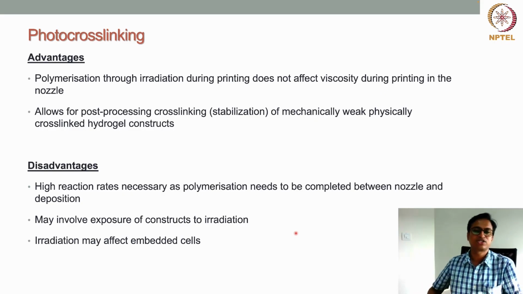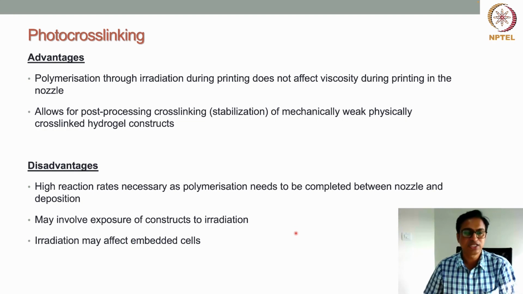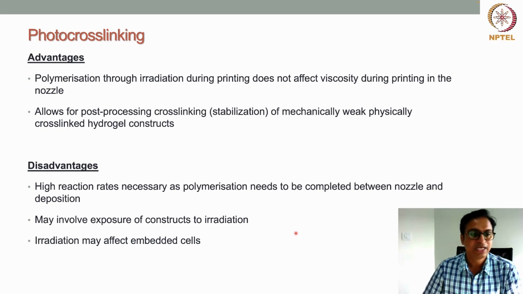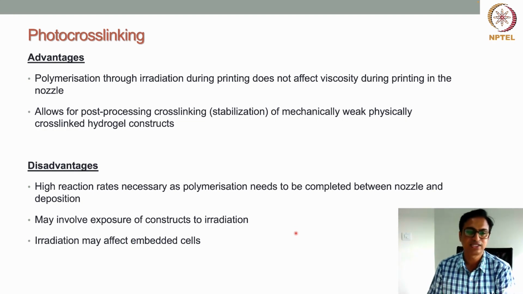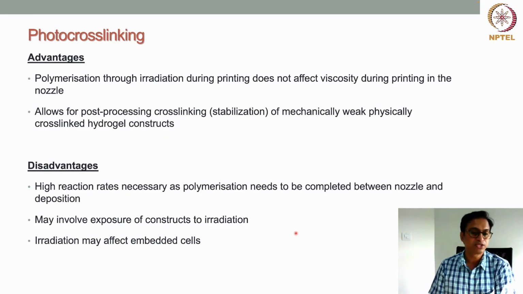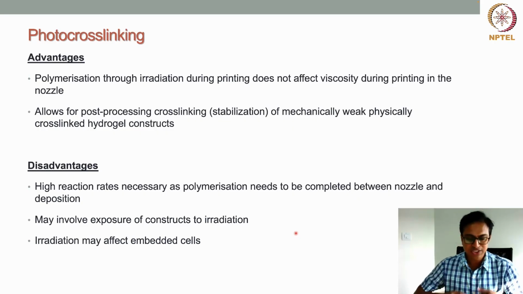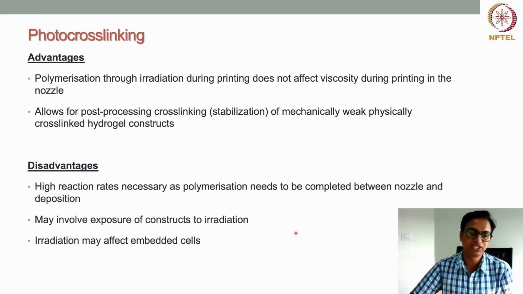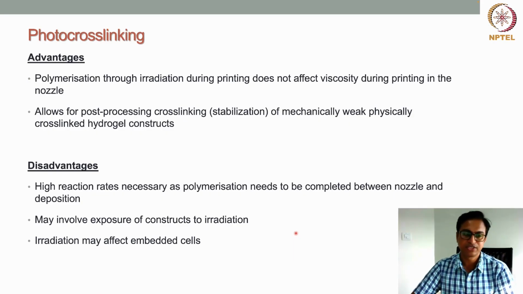Only then can the structure retention be maintained. Because of this requirement, a very high reaction rate is needed, and that can be cytotoxic to the cells, because free radicals can be generated within the system. Then that can cause cell damage.